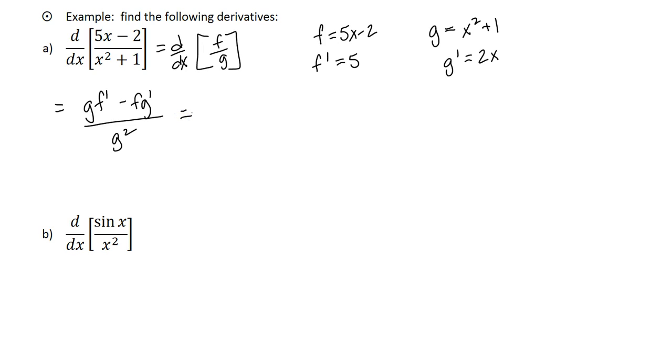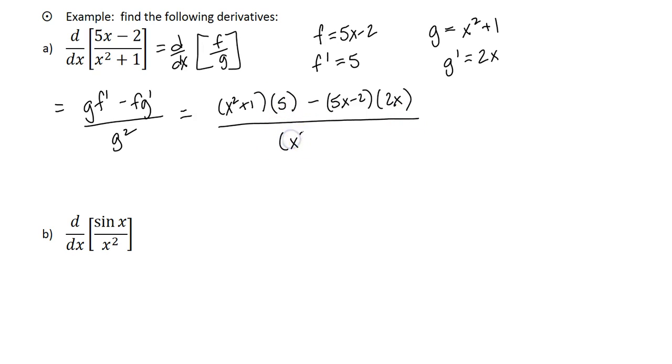So plugging this in, I'm going to have g, which is x squared plus 1, times f prime, which is 5, minus 5x minus 2, that's f, times g prime, which is 2x, all divided by g squared, so that's x squared plus 1 squared. And from there, I just need to FOIL everything out, or distribute everything, simplify, collect like terms, and so forth.